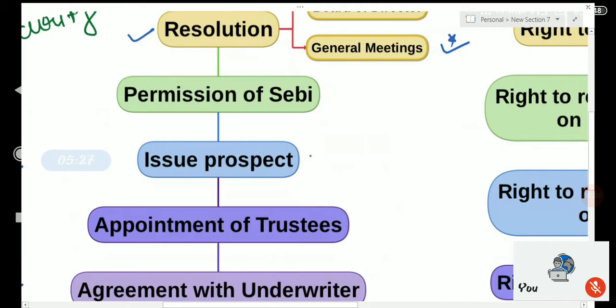Same as in the case of equity shares, where the company needs to issue a prospectus, in the case of debenture also the company has to issue the prospectus, and it has to register its prospectus with the registrar of companies also. Okay. At all times, this prospectus will be issued in the regional language as well as in a routine language. Okay.